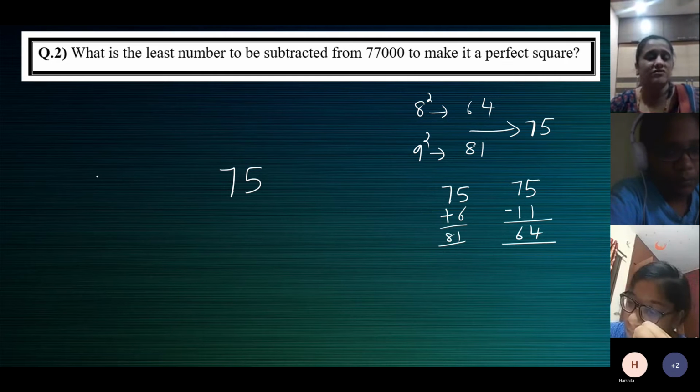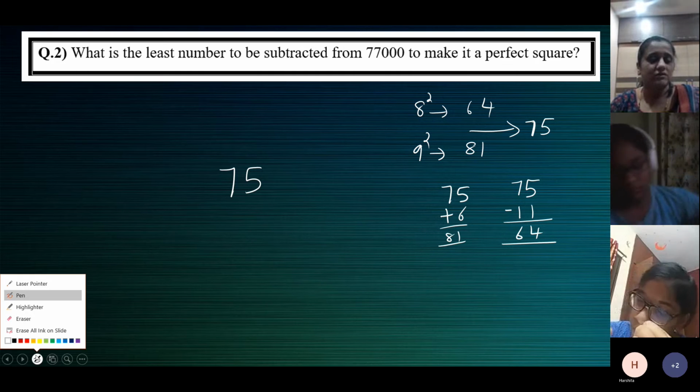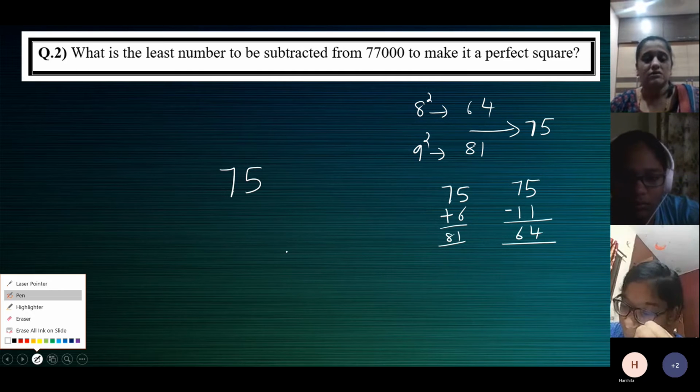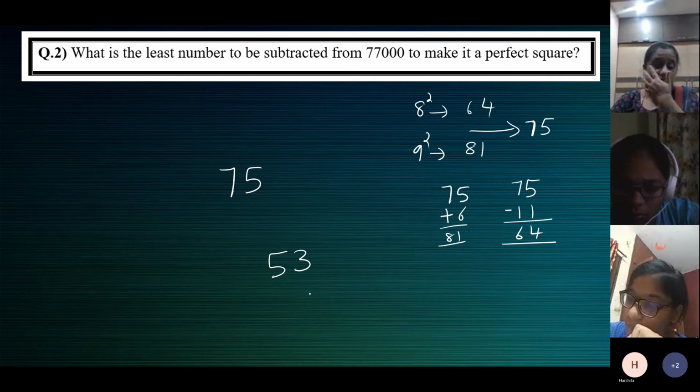Now tell me, what is the smallest number that is to be subtracted from 53 to make it a perfect square?